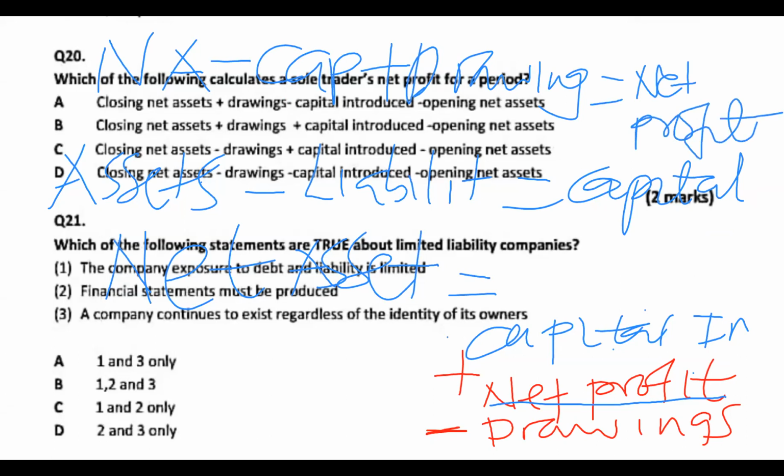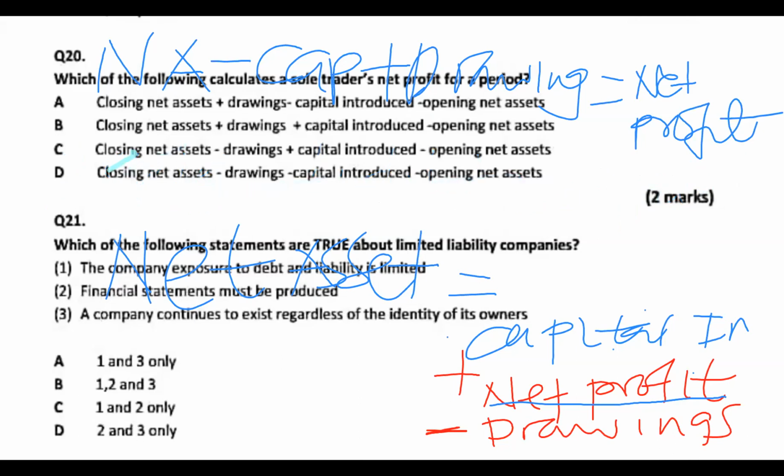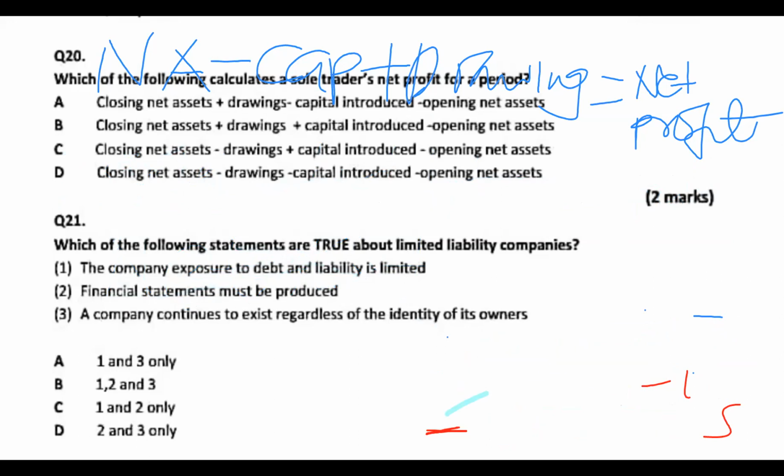Did you get that? Somebody will think this is different. It's not different from A. They're just the same. So drawings will carry a positive sign because they would have crossed the equal sign. Capital as well will carry a negative because it would have crossed the equal sign.